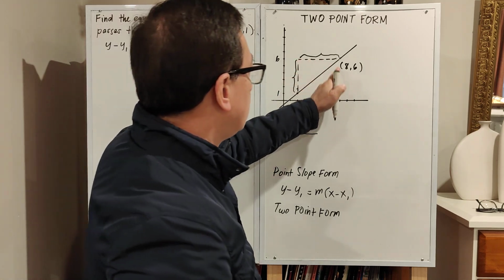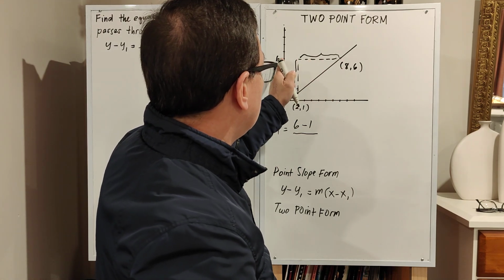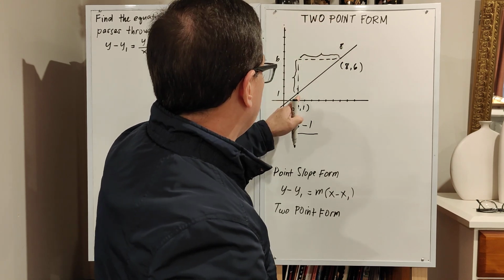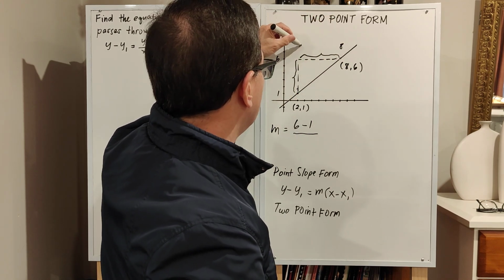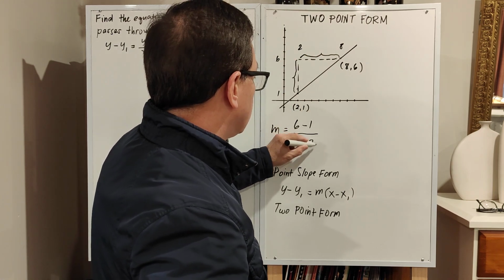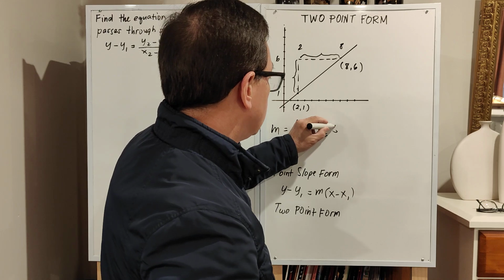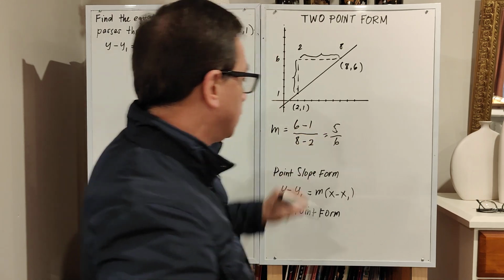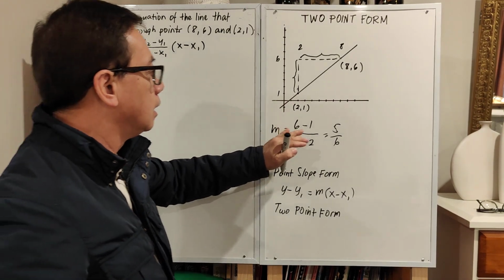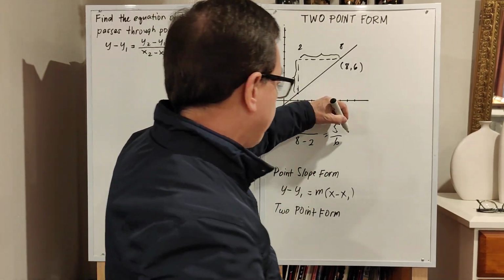And then to get the run, from here to here is 8, and from here to here is 2. So we need to subtract 2 from 8, or 8 minus 2. So our slope is 5/6.